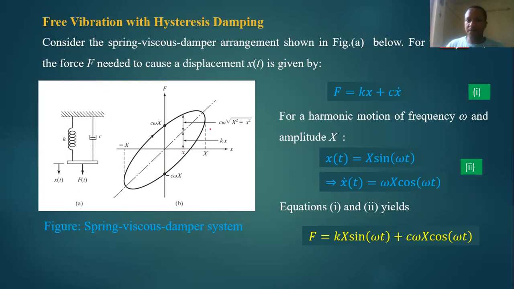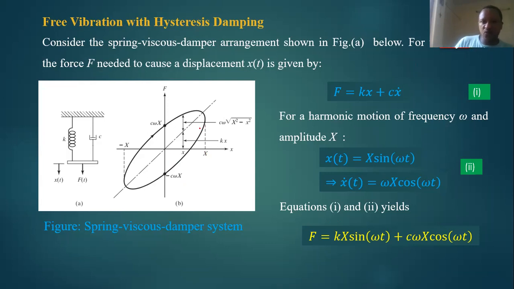Consider a spring, viscous damper system arrangement as shown in the figure. The force F needed to cause displacement x of t is given by F is equal to kx plus c x dot. For harmonic excitation with frequency omega and amplitude X, x of t is equal to X sine omega t.